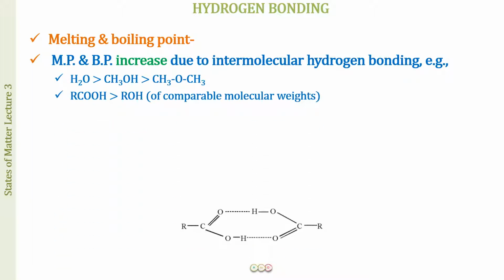The next we have is RCOOH, which is carboxylic acid, and ROH. When we take these of comparable molecular weights, what we find is, because of hydrogen bonding, RCOOH is going to have higher melting and boiling points. Then we have the corresponding alcohol ROH. Again, you will be able to understand this better when you know the structures well, but just remember these things.